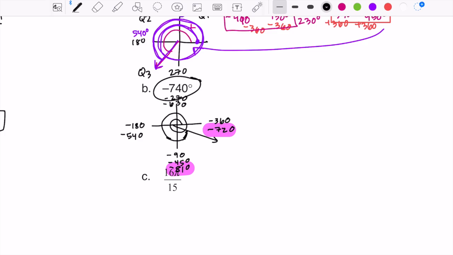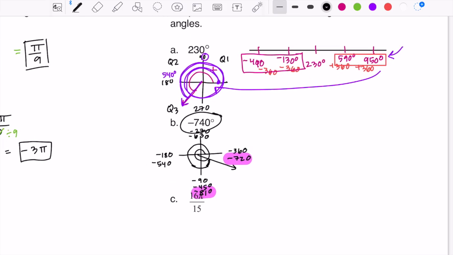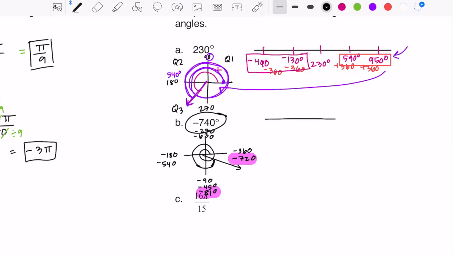And then I'm going to set up my little chart here so that I can make sure that I answer the question appropriately. The number I'm given is negative 740 degrees, and it says to find the nearest two angles that are negative and positive.